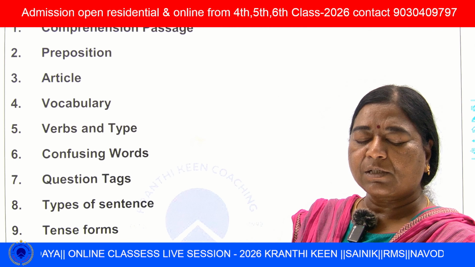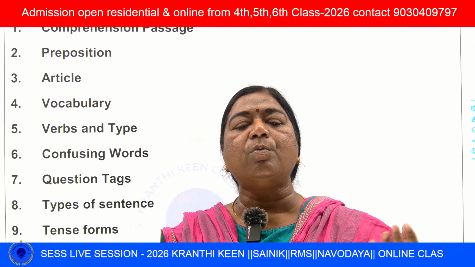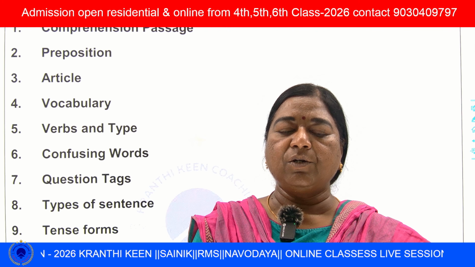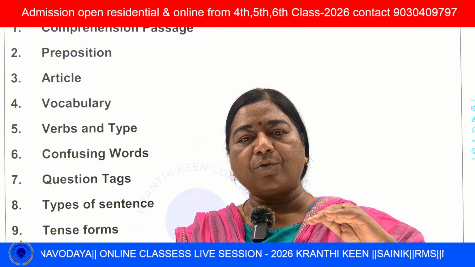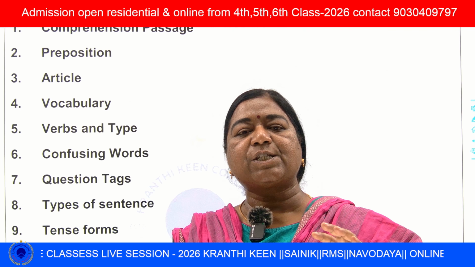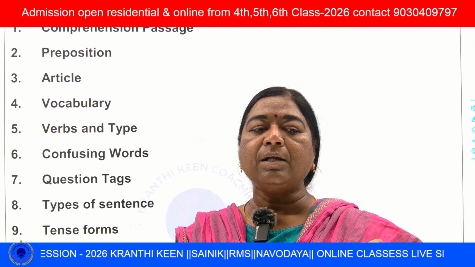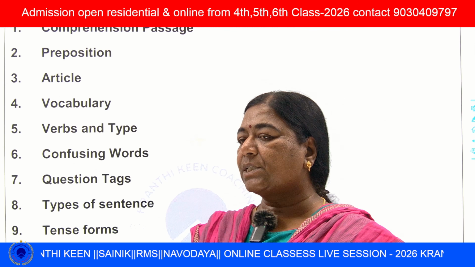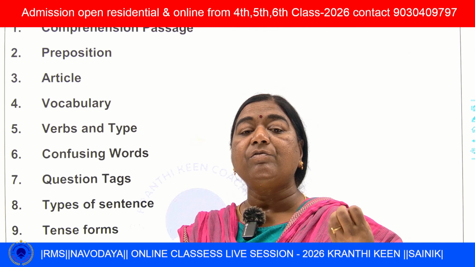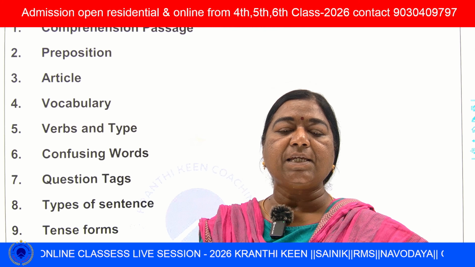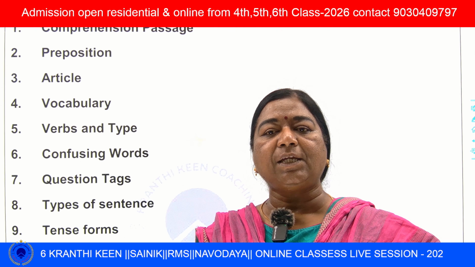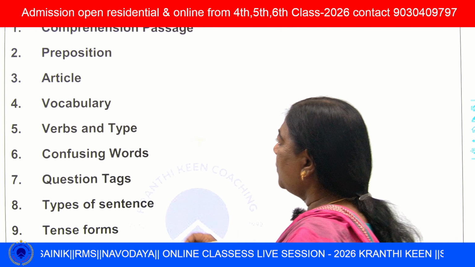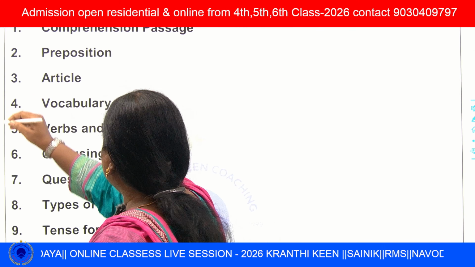Then confusing words. There are so many words. There could be homonyms, homophones. It could be quite confusing to the child of grade 6. So we explain to them clearly when and where to use those words. For example, we have receive, R-E-C-E-I-V-E, and achieve, A-C-H-I-E-V-E.